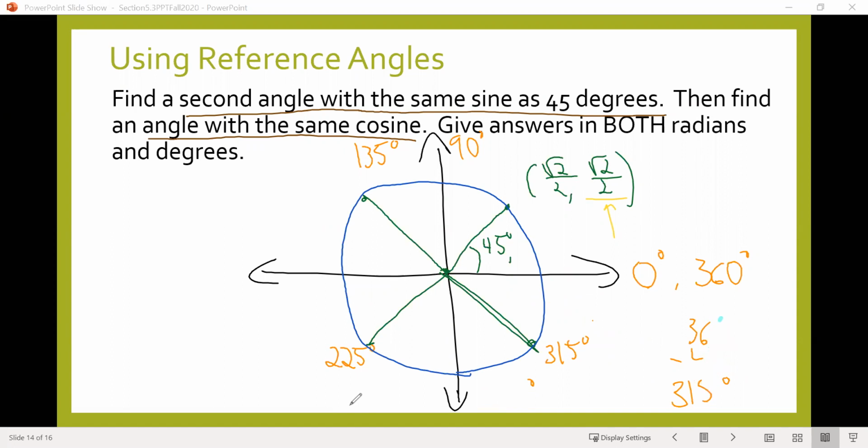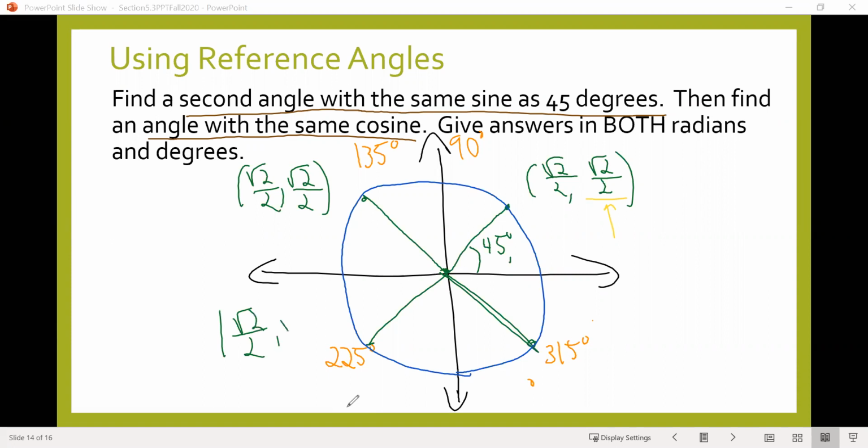The pluses or minuses. So we know that the coordinates for the cosine and sine in all of these angles are going to be root 2 over 2, comma, root 2 over 2.